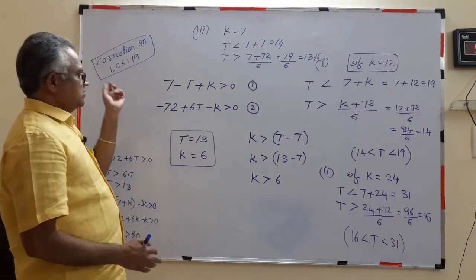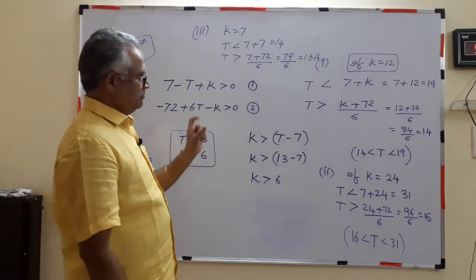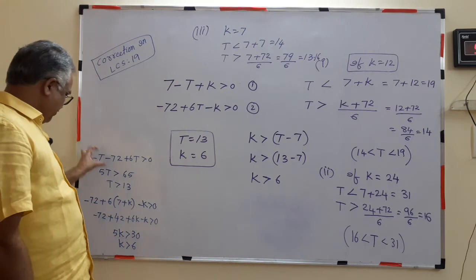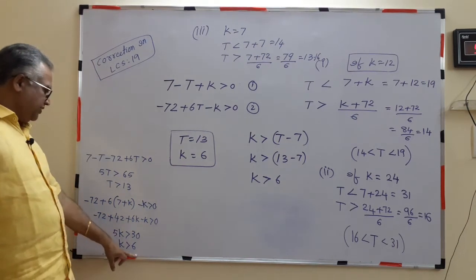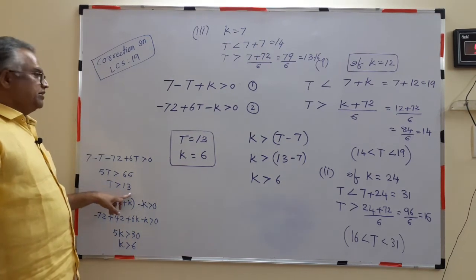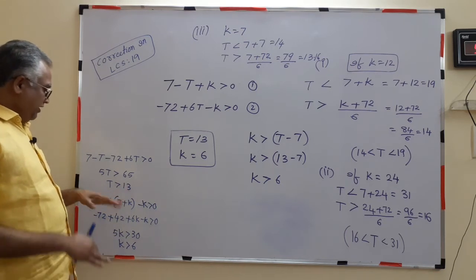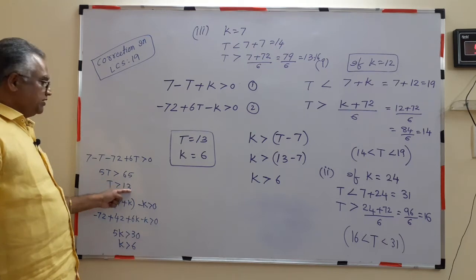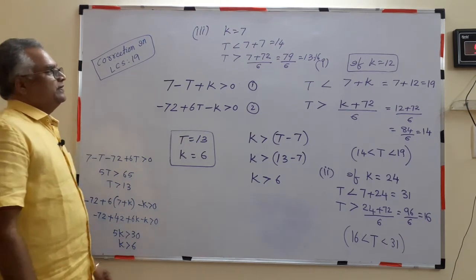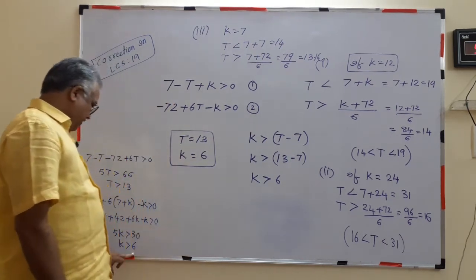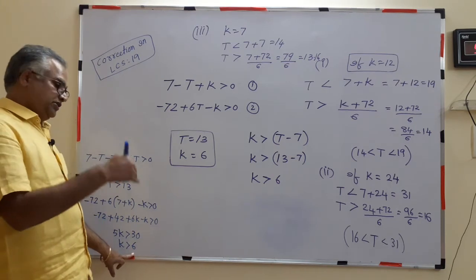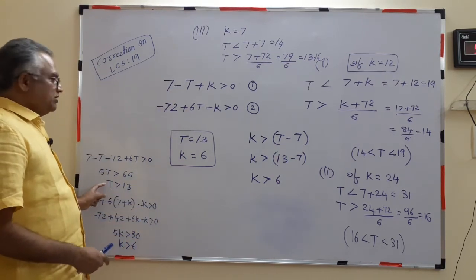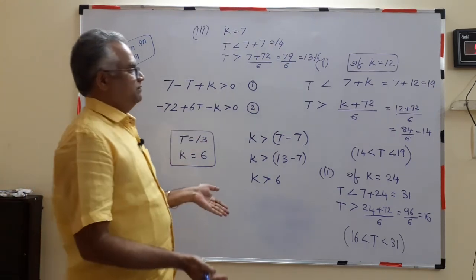So last class we made a minor mistake. Now I am doing the correction. So we got a conclusion that k greater than 6, t greater than 13, but independently you can't take any value of k greater than 6 and any value of t greater than 13. For some value of k which is greater than 6, if you fix it, to satisfy both the conditions, what is the range of t?